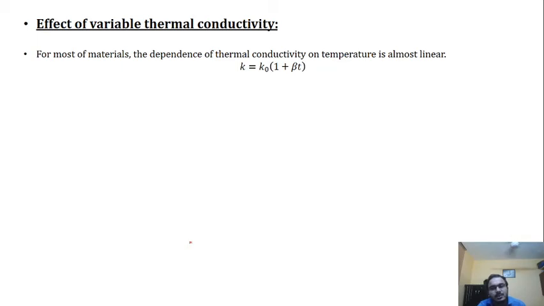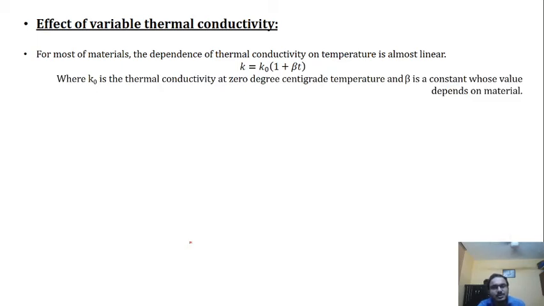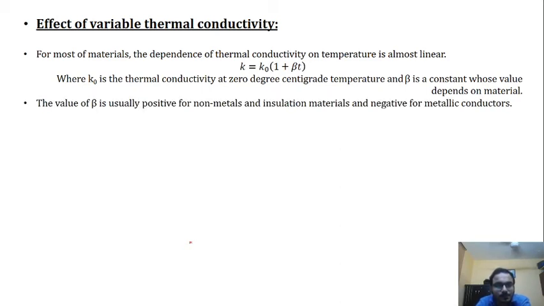This we have discussed in our introduction chapter, where K0 is the thermal conductivity at 0 degree centigrade temperature, and beta is a constant whose value depends on the material. The value of beta is usually positive for non-metals and insulations and negative for metallic conductors.